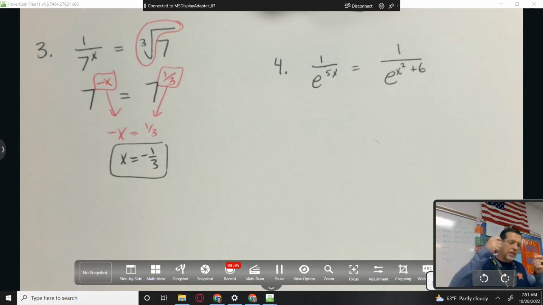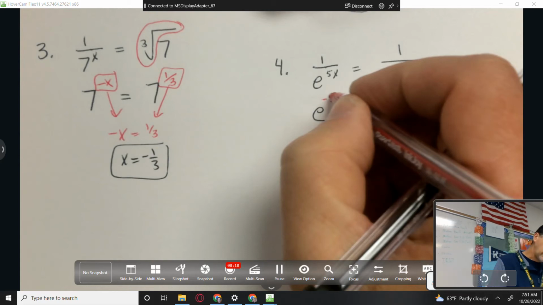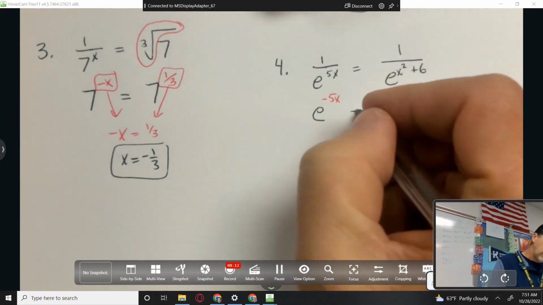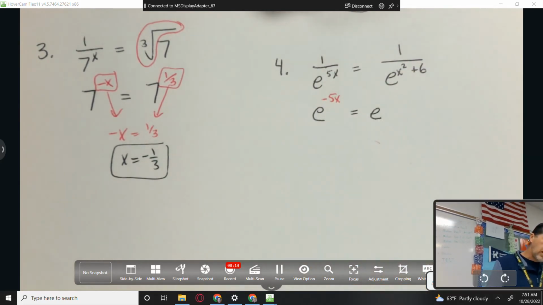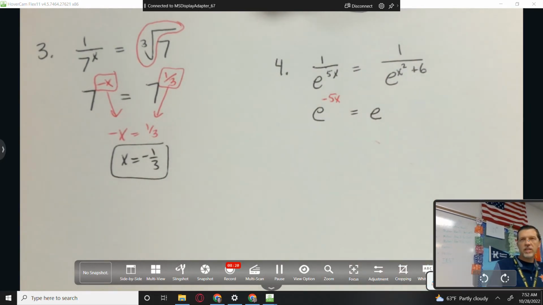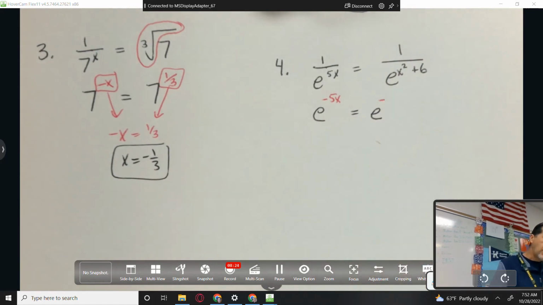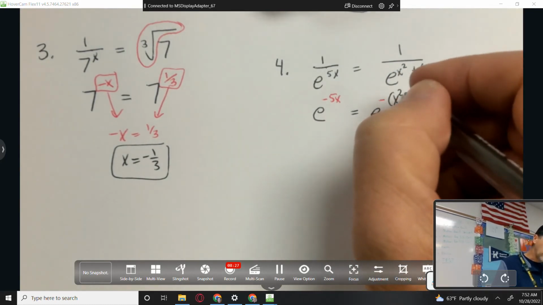Yeah, we can make them negative exponents and flip them over. So e to the negative 5x equals e to the, let's be careful on this one, what becomes negative? Both of them. e to the negative (x squared plus 6), if you want to put it in parentheses like that.